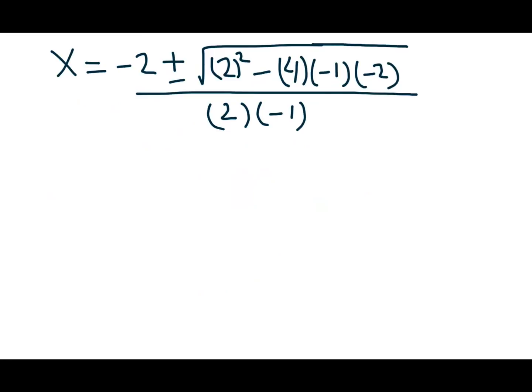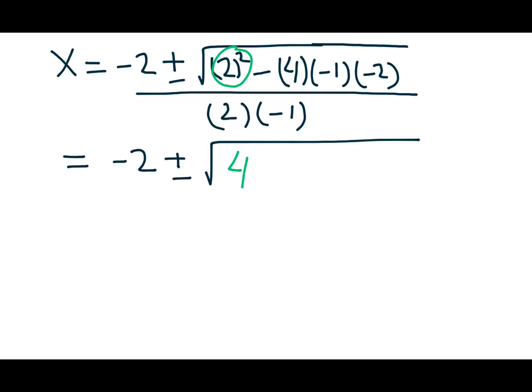So after plugging the values of a, b and c in the quadratic formula, this is what we get. x equals minus 2 plus or minus the square root of 2 squared minus 4 times minus 1 times minus 2, over 2 times minus 1. Let's simplify it. 2 squared is going to be 4.